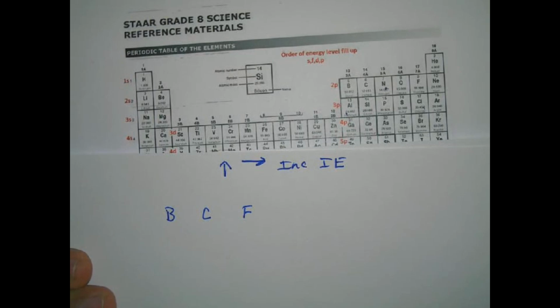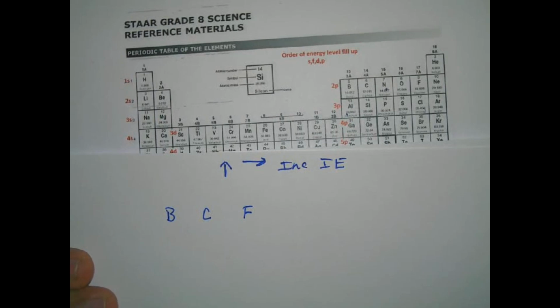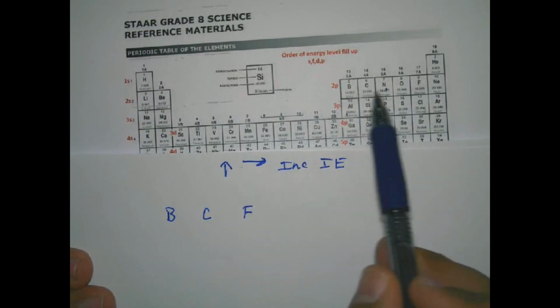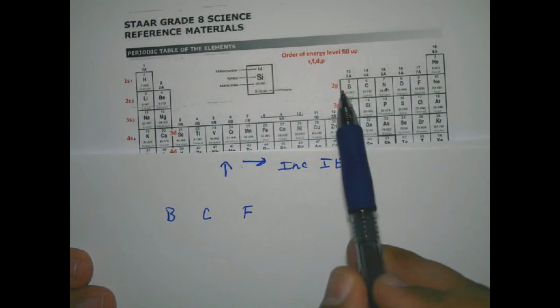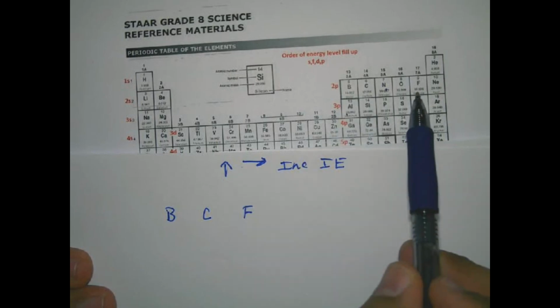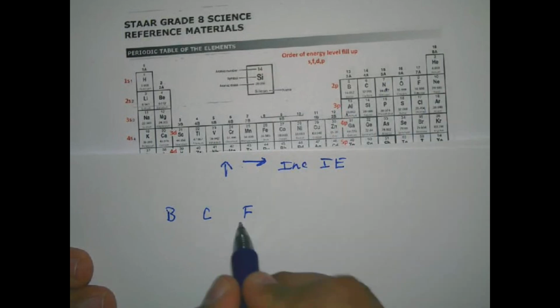Well, let's look. It gets harder as you go up, and it's harder as you go right. If you look, they're all the same up. They're on the same energy level, so we have to look at right and left. So who's the most right? Fluorine is. So he would be the hardest to pull an electron off of. Okay? So who would be the easiest to pull an electron off of?